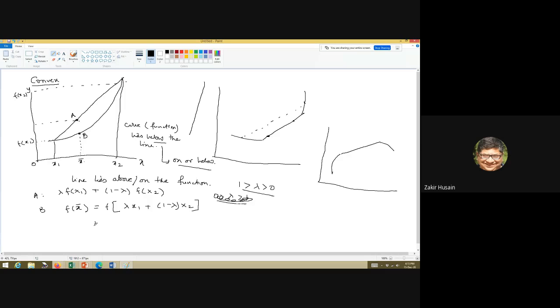So here we can see that A will be greater than or equal to B. This is for convexity, and for strict convexity, it will be satisfied as a strict inequality. Okay, is it clear or should I repeat it?